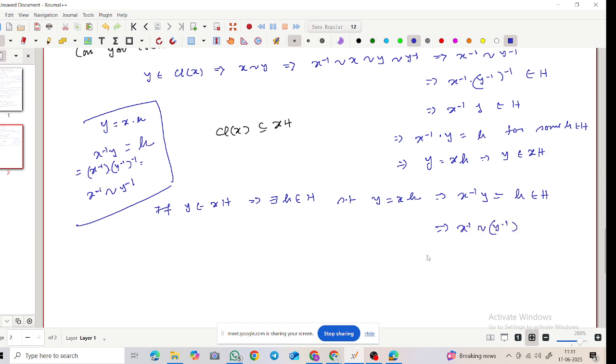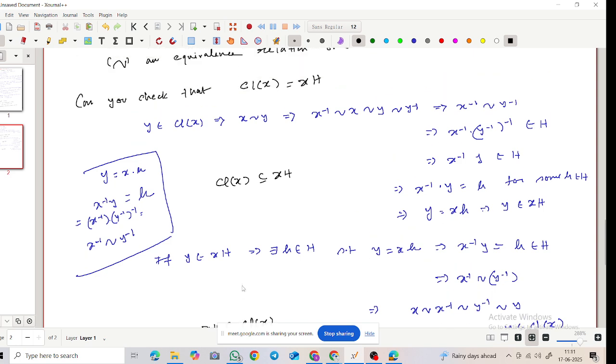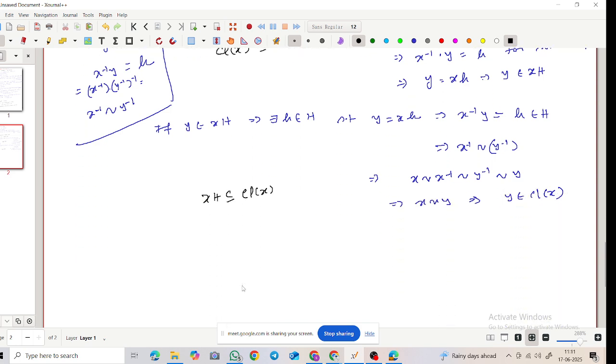But x is related to x inverse, which is related to y. Thus x is related to y, that is y belongs to the class of x. Thus xH is a subset of the class of x, so we have equality: xH is indeed the class of x.